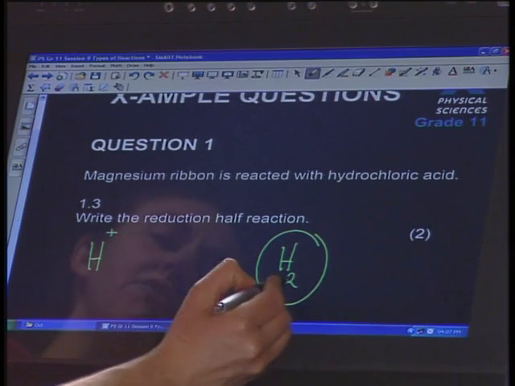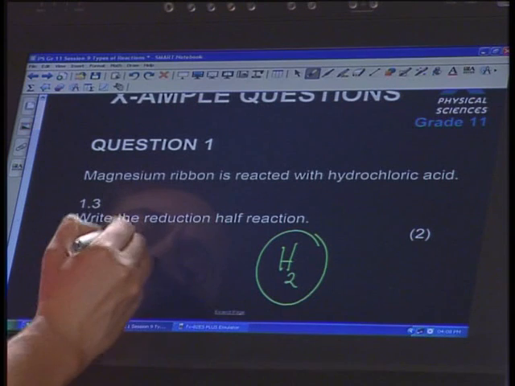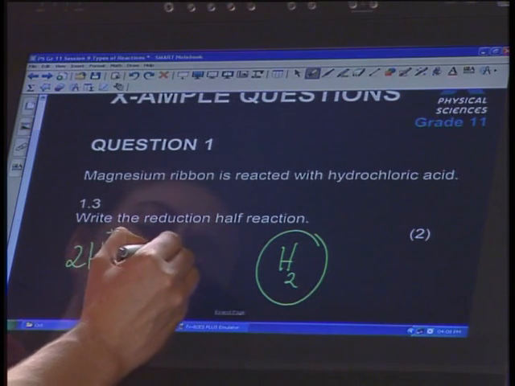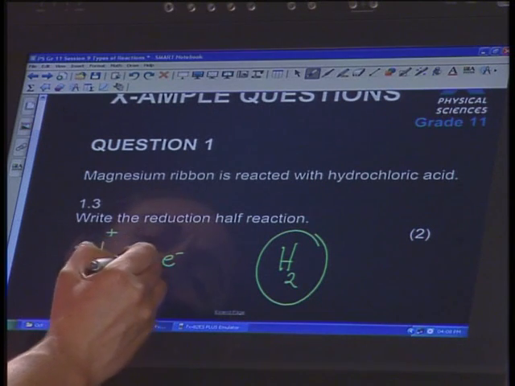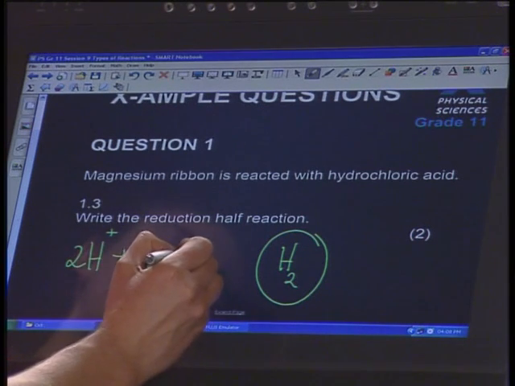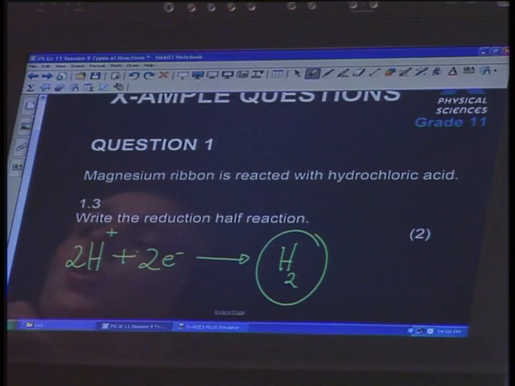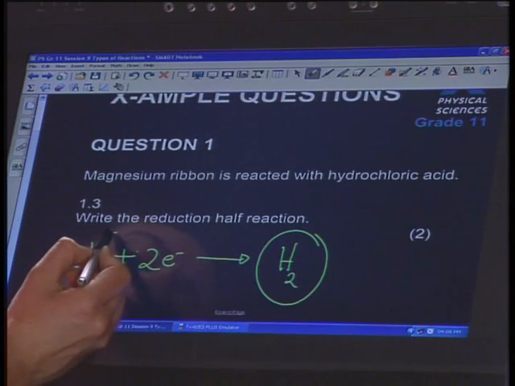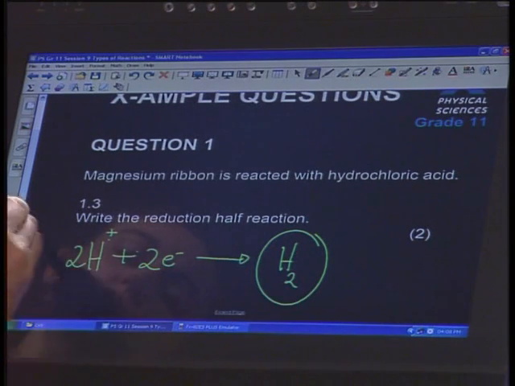That means I had 2 hydrogens over here, and these ones gained electrons. For each hydrogen that gains an electron, I am going to have to balance it, and my reaction took place in that direction. So you would see over here a gaining of electrons took place. It went from a +1 to a neutral or a 0 oxidation number over there. And that is your half reaction.